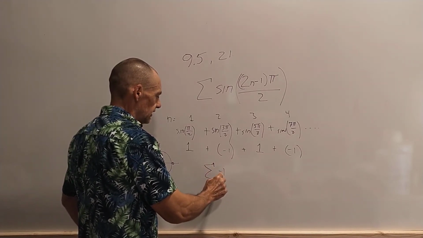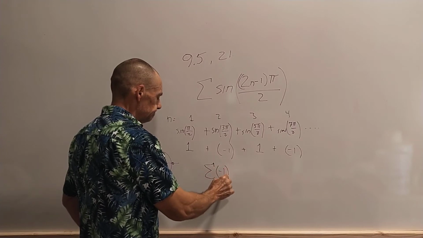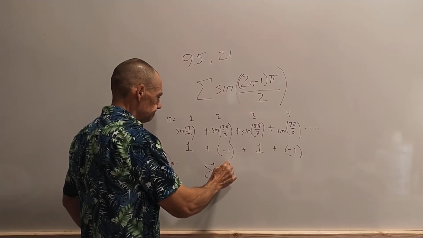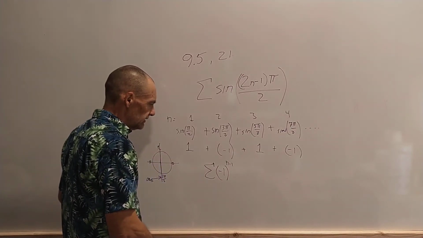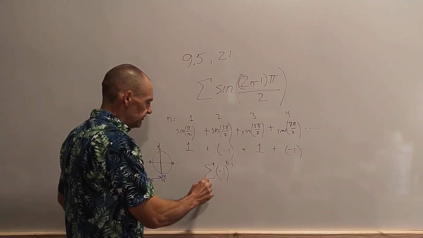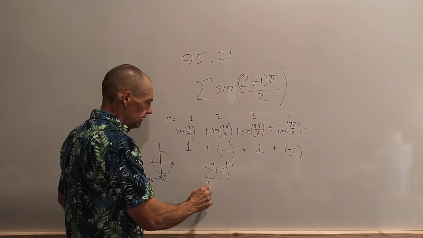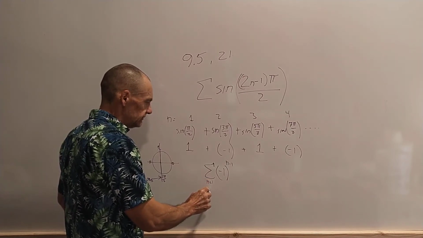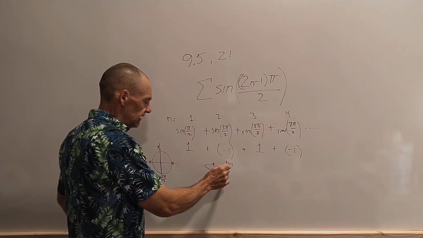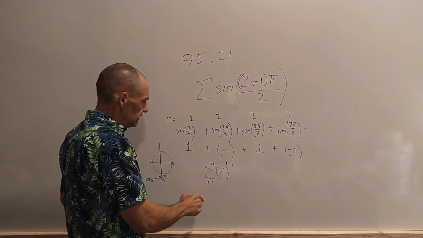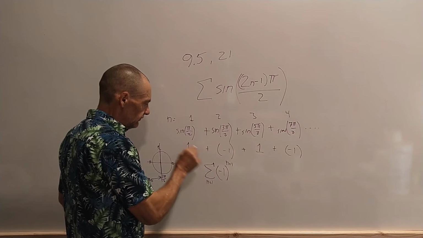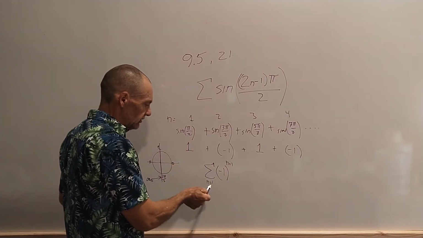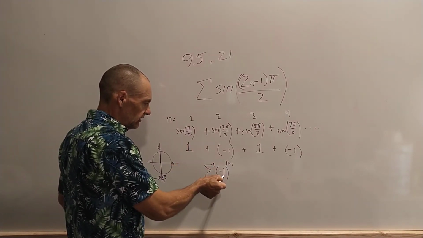This is basically what we've got. If we start at n equals 1, we make this plus. Would this give us the exact same thing? Let's see, n equals 1: 1 plus 1 is 2, so the first term would be positive. The second term, 2 plus 1 is 3, would be negative.